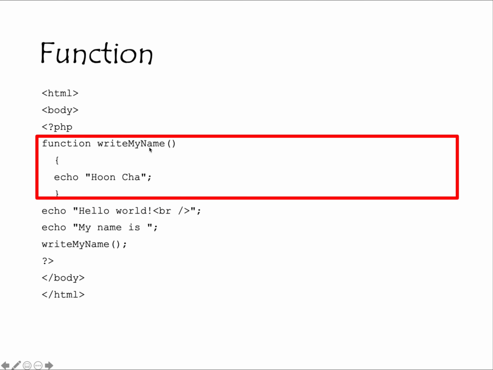The function may have some parameters. Parameters mean that when the user calls this function, you can provide some additional information using these parameters. Some functions may require parameters, and some functions may not need them.